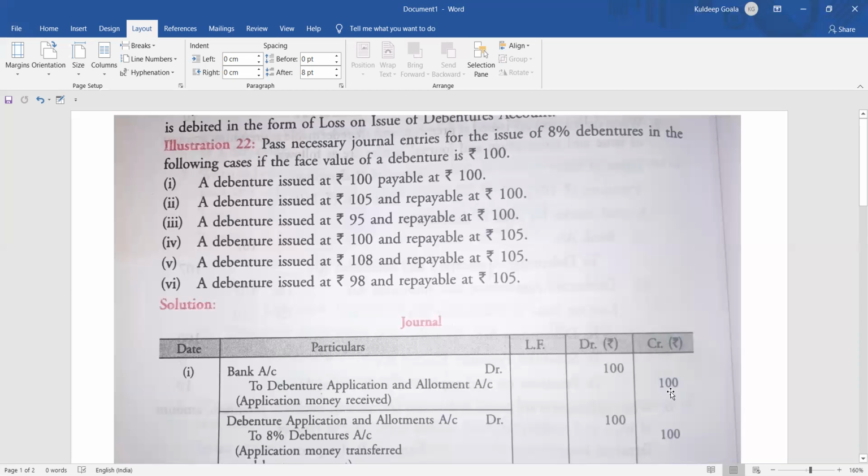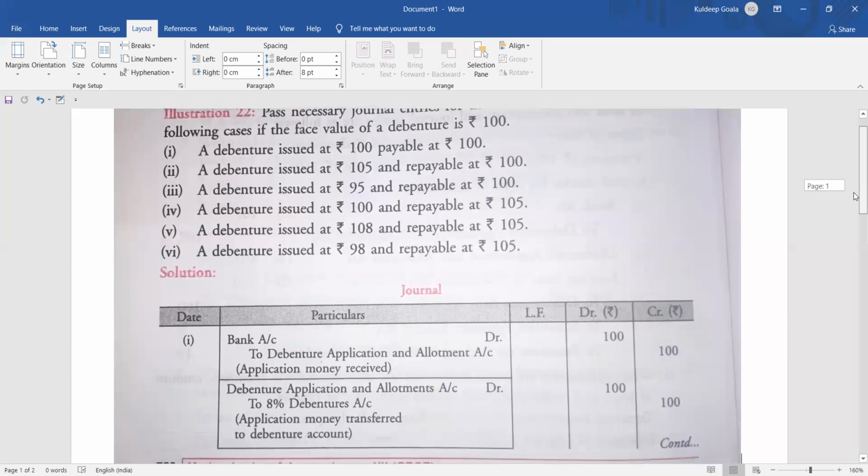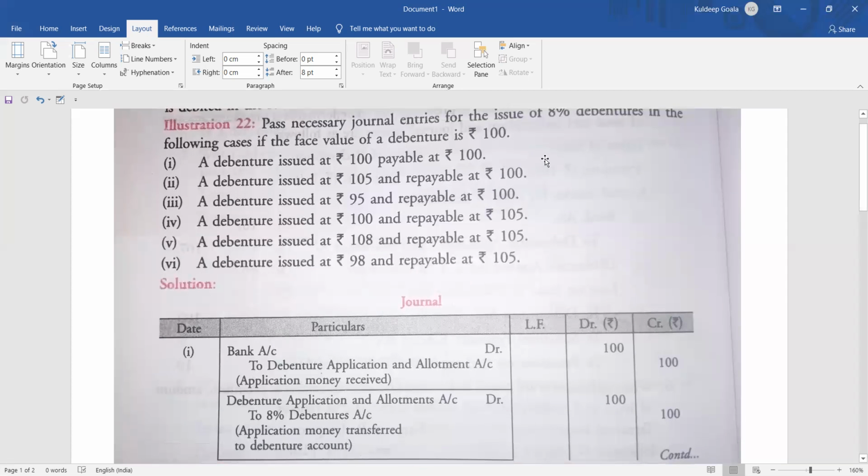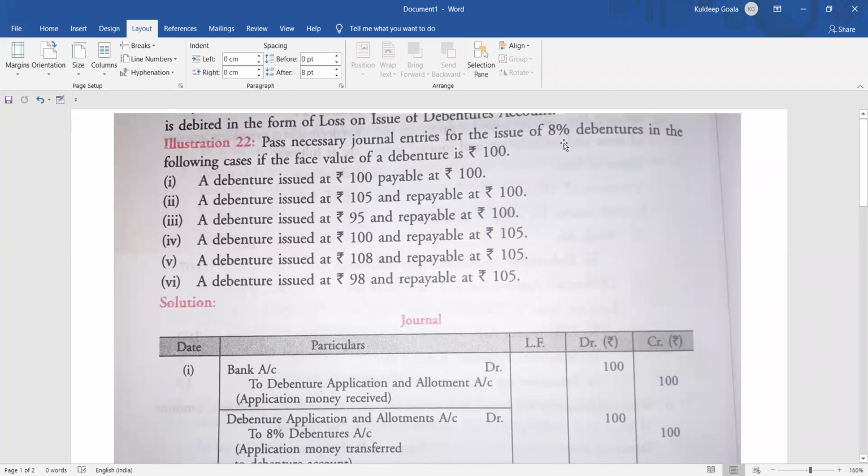Clear? Now coming to the transfer entry. As I already told you, in case of shares also, you will have receive and transfer. So what is the transfer entry? Debenture application and allotment account debit, 100 rupees, right? To 8% debenture account. Here it will not be capital. This 8% is referring to 2 points.